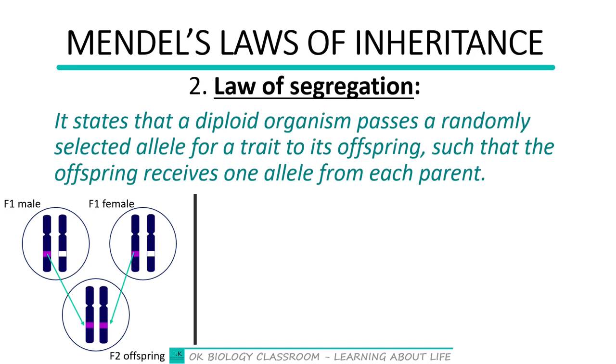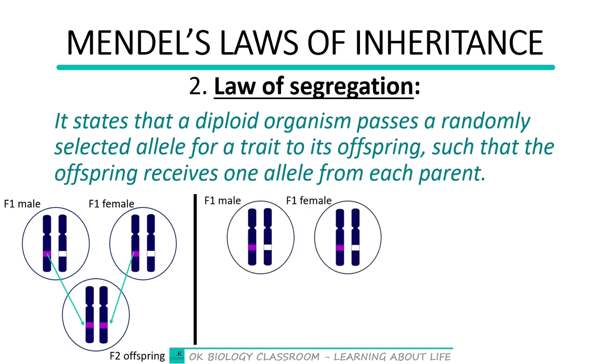Let me use the same parents again, but let's look at another possible combination. It is possible that the offspring may have chosen the white allele here and combined with the purple allele here. And in that case, this is the kind of genotype that offspring would have: one white allele, one purple allele.